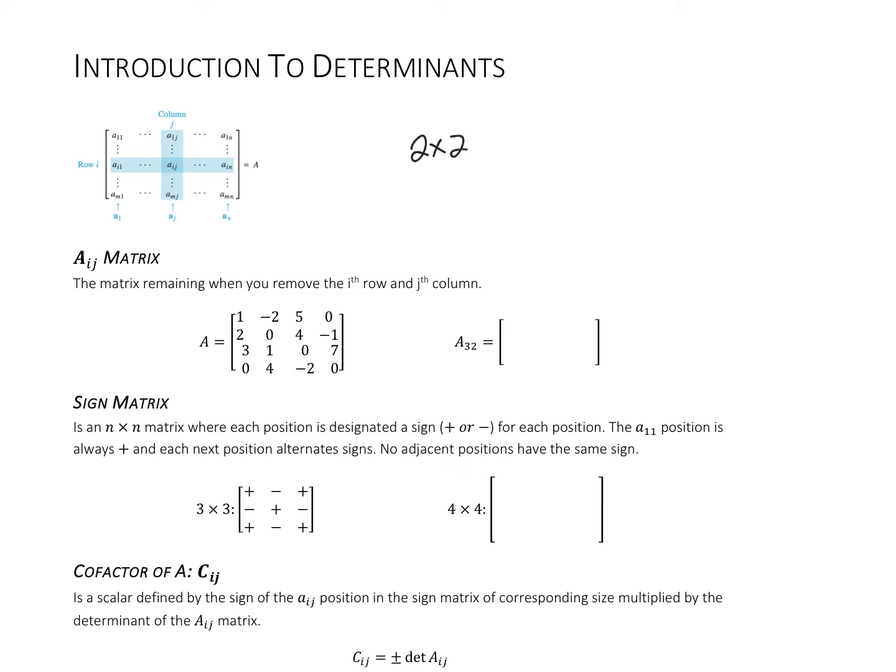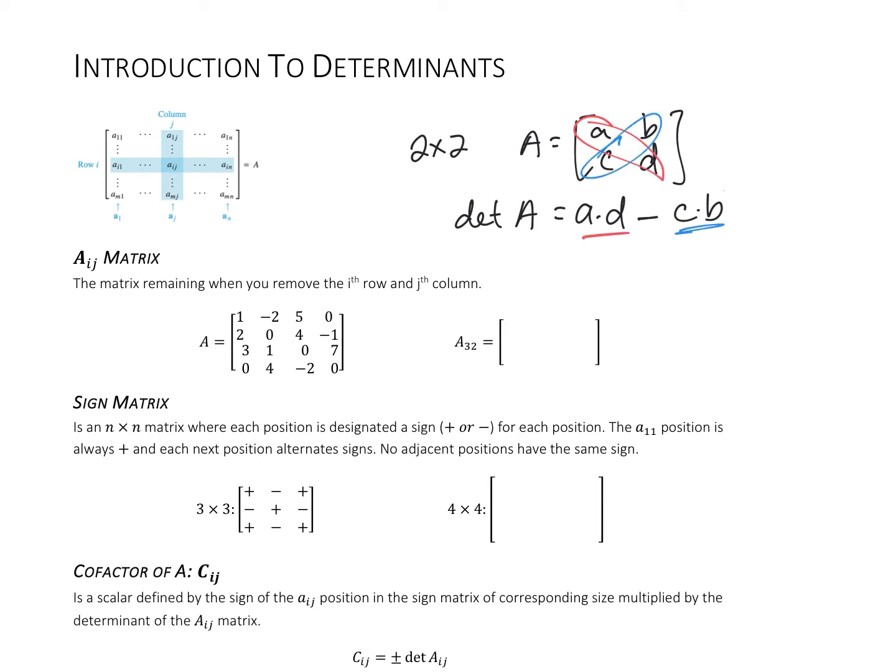If A is a 2 by 2 matrix with entries a, b, c, d, the determinant of A is equal to the product of the main diagonal minus the product of the second diagonal. So we take those diagonals and multiply them.